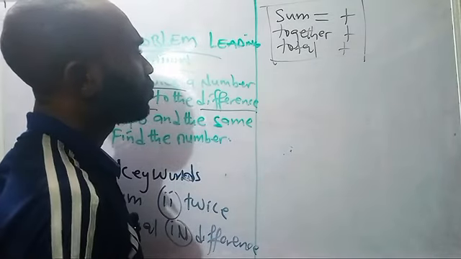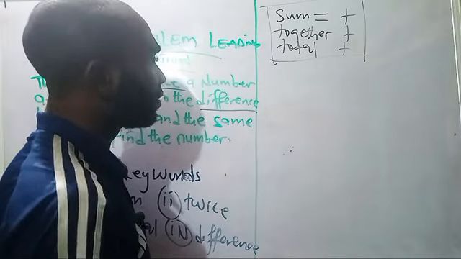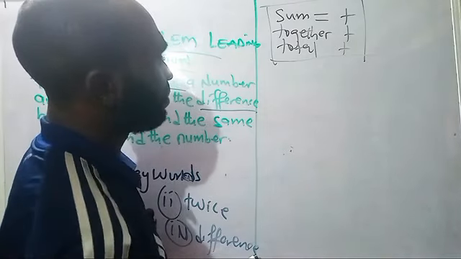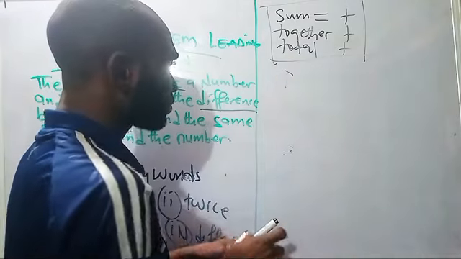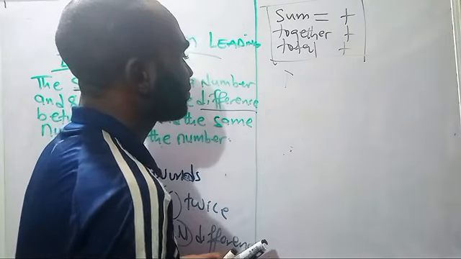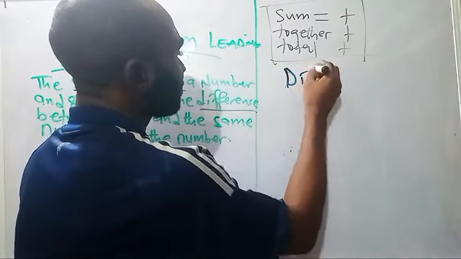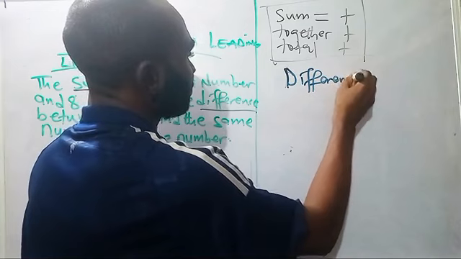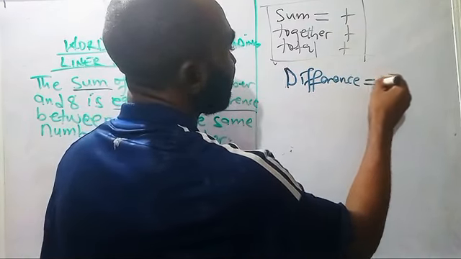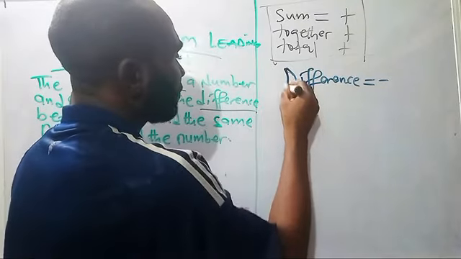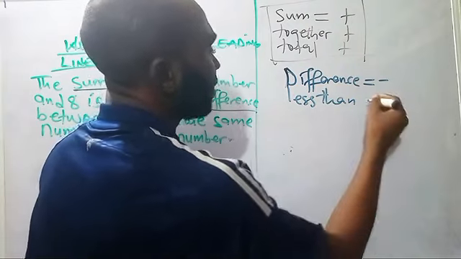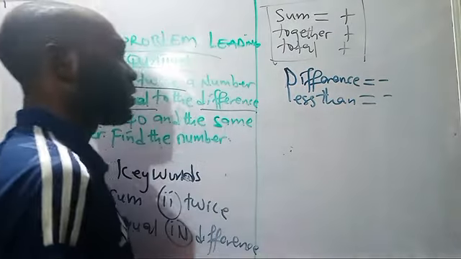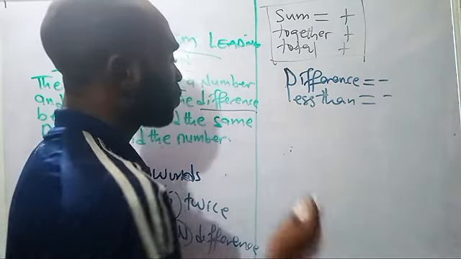Now let's talk about minus or subtraction. When you have difference, they are talking about minus. When you have less than in a word problem, they are still talking about subtraction.